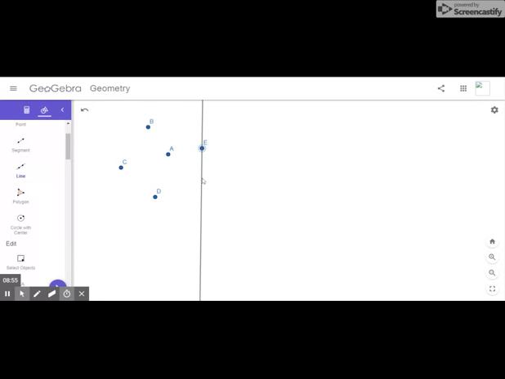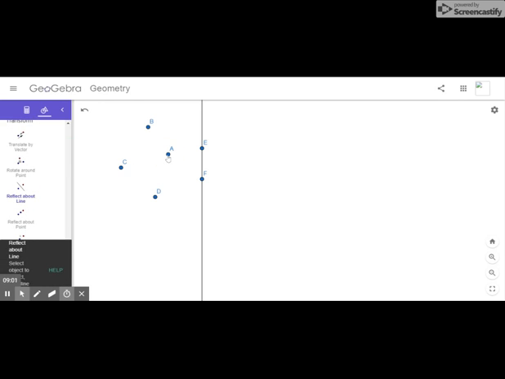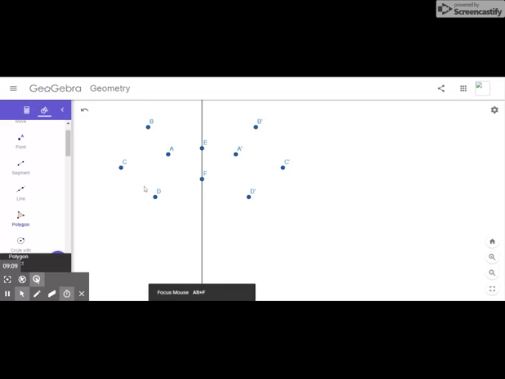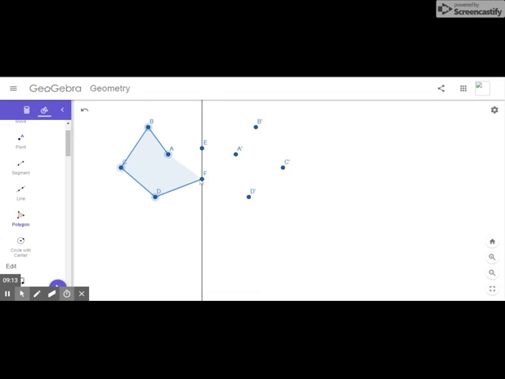Create the line here. We just need to reflect each one of them about the line. I can create polygon A, B, C, D, D prime, C prime, B prime, A prime.